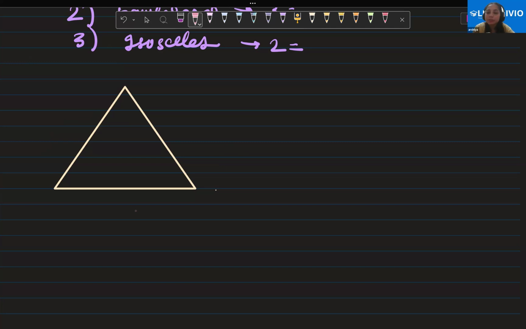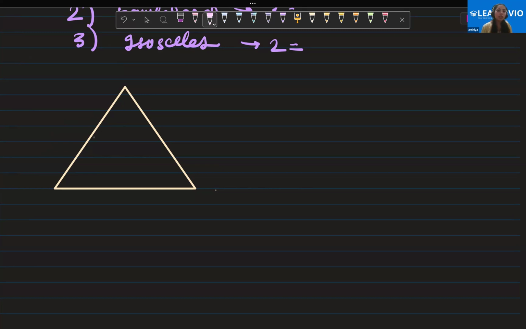Can it come inside? It can, yes, it can. Okay, before that, let's consider the equilateral triangle.